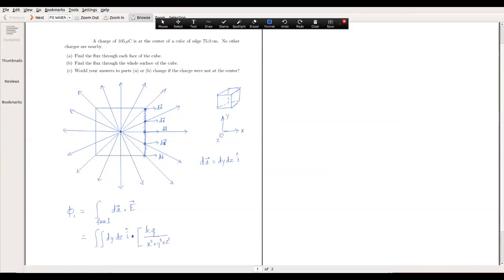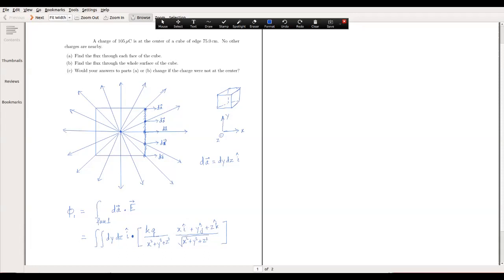So the direction is x in the i hat direction, plus y in the j hat direction, plus z in the k hat direction. That's not a unit vector, so I have to divide it by its magnitude, the square root of x squared plus y squared plus z squared. That's your direction. The second fraction that I wrote is the direction of the electric field.